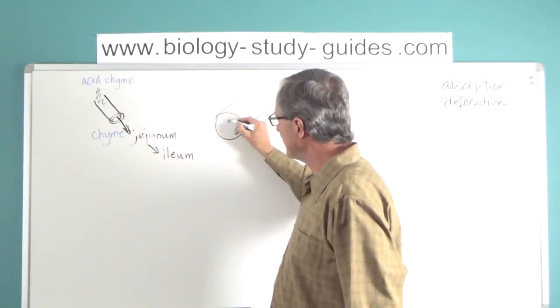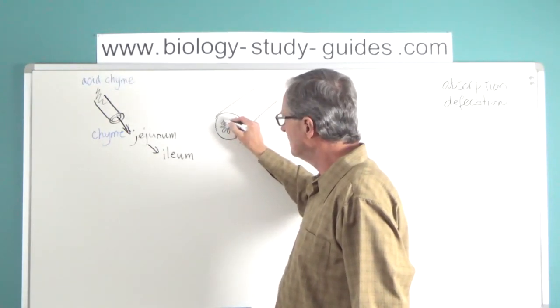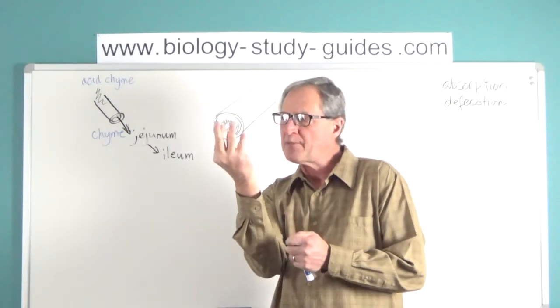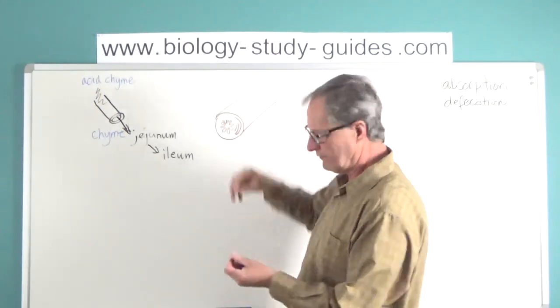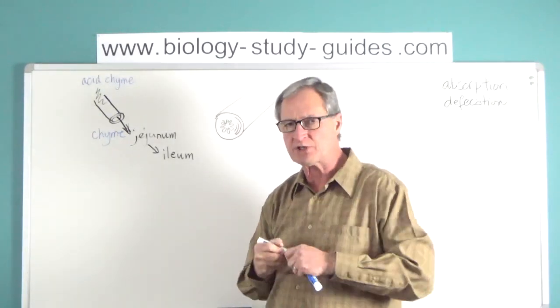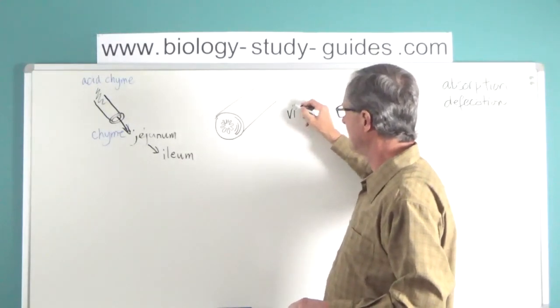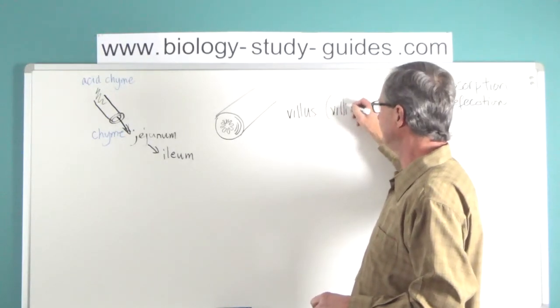The ileum's inside surface looks like this. Huge surface area. It's made up of a whole bunch of finger-like projections that stick into the lumen. Each one of those finger-like projections is called a villus. Or plural, they're called villi.